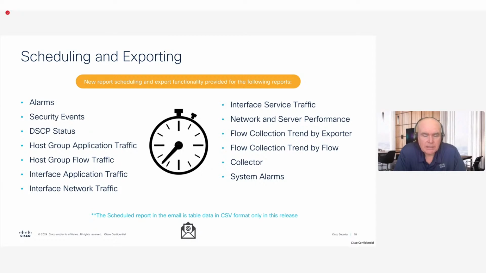The only ones we can't do that with, like I said, are the dashboard-based ones at the moment because of the way they're constructed. In the next version, 752, we'll also get the ability to schedule and email those reports not just as CSV, but also as a PDF. In this version, we only have the CSV format that we can email on a regular basis for our executive team if you wanted to do that.